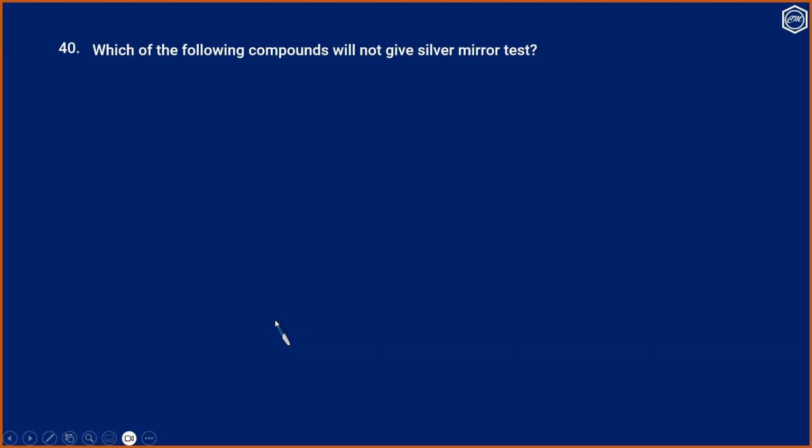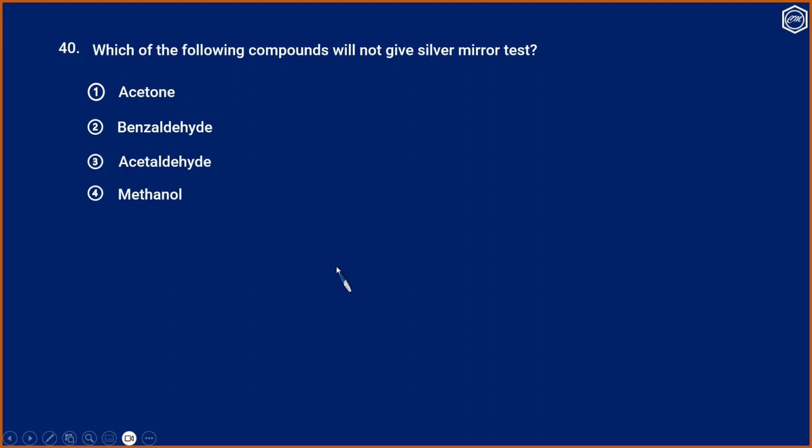Which of the following compounds will not give the silver mirror test? 1. Acetone, 2. benzaldehyde, 3. acetaldehyde, 4. methanol. The silver mirror test is given by aldehydes, so the answer should be acetone.